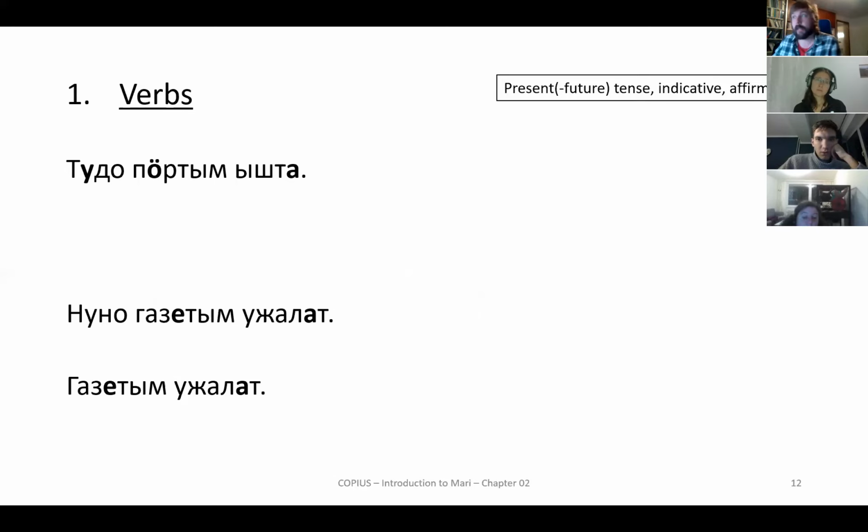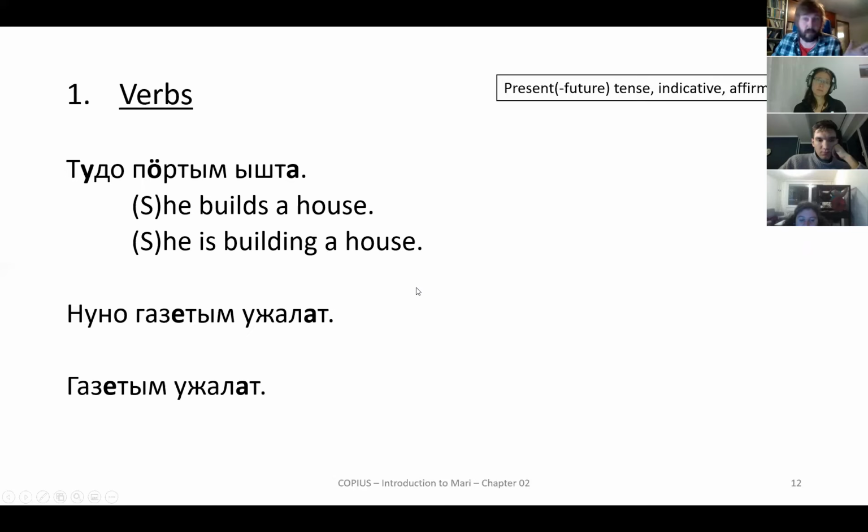I could translate this in English either by saying she builds a house or she is building a house, because of the simple continuous distinction that English has. In the present tense, Mari does not have any such distinctions. In the past tense, we do have some distinctions that do sort of border a bit on aspect, but we'll get to that much later.